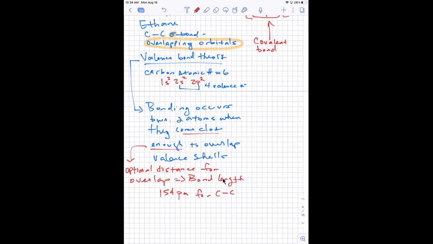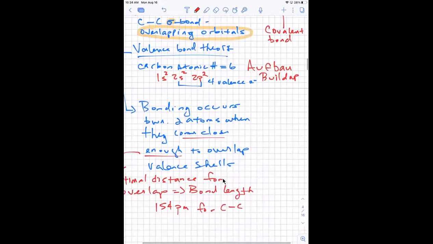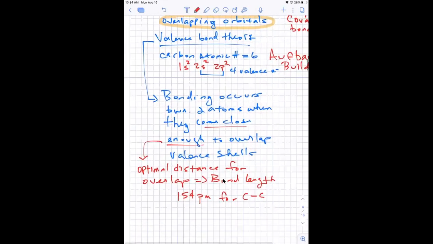Let me write that down right here. You can actually look it up. It's called an Aufbau buildup, and that's how you construct the shells for any atom, and it's based on the atomic number.